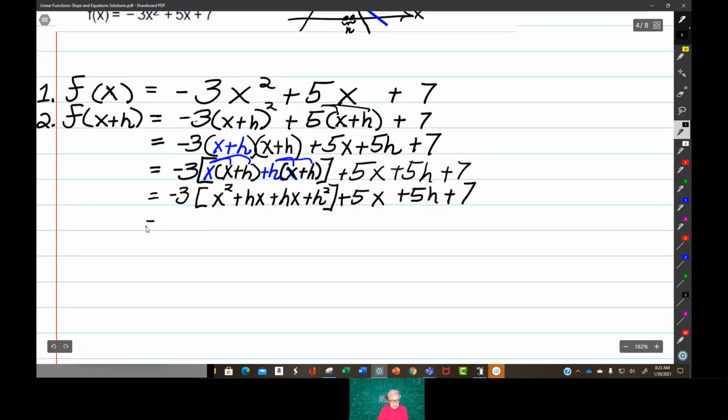I'm still not going to use the negative 3 because order of operations says you simplify inside the brackets or parentheses first. This is hx plus hx. How many hx's do I have?